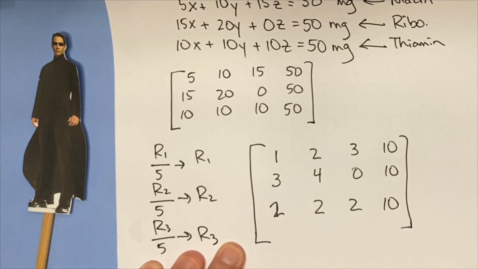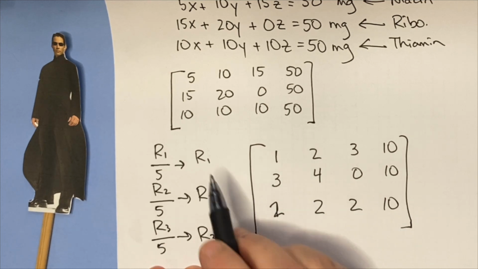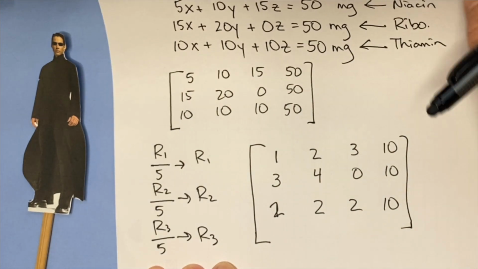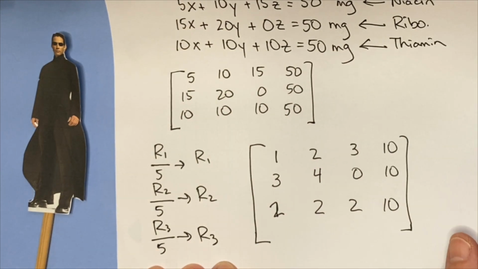Now, if I felt like it, I could go further and divide this bottom row by 10. So I could have made it 1, 1, 1, 5 if I felt like it. But you know what? I'm just going to leave it like that because I didn't see that at first and I'm just feeling lazy. So there we go. Now I'm going to follow exactly the usual method.